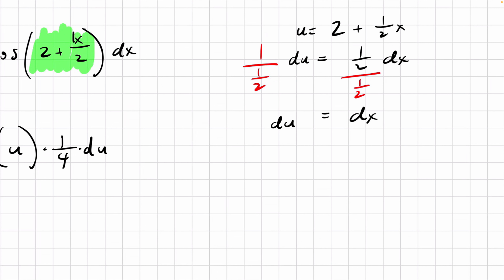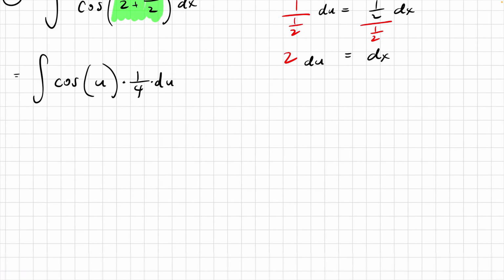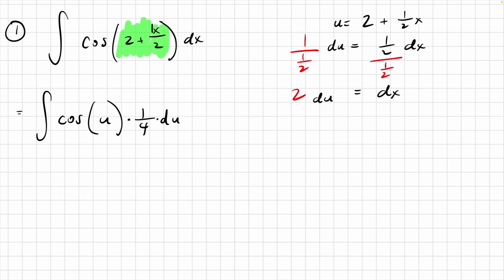If you divide something by a half, it's going to double. If you divide something by 2, it's going to be halved. So it's going to be 2. So change 1/4 to 2.